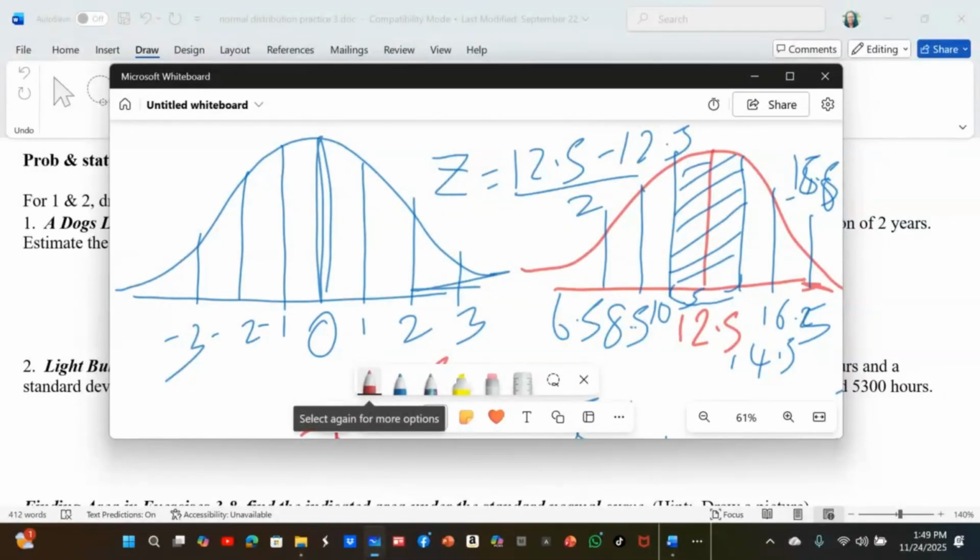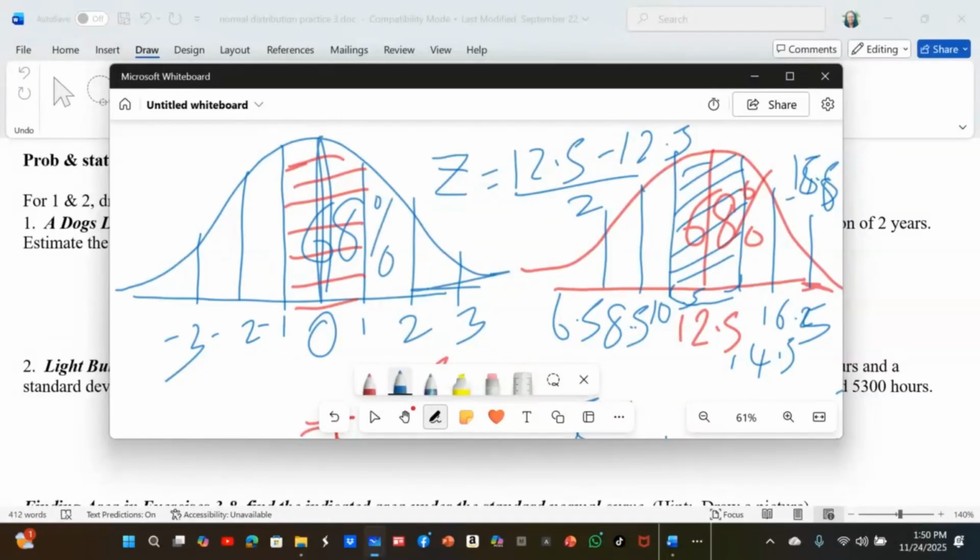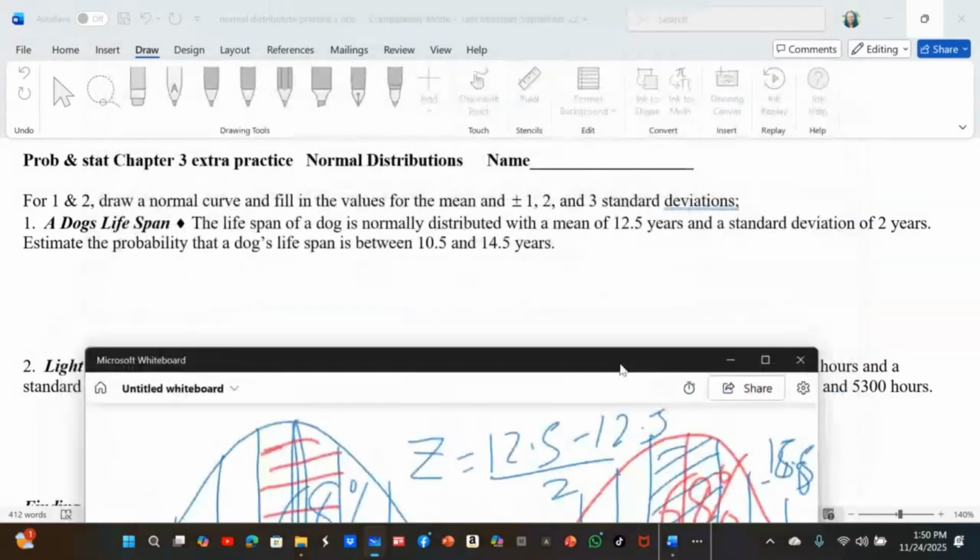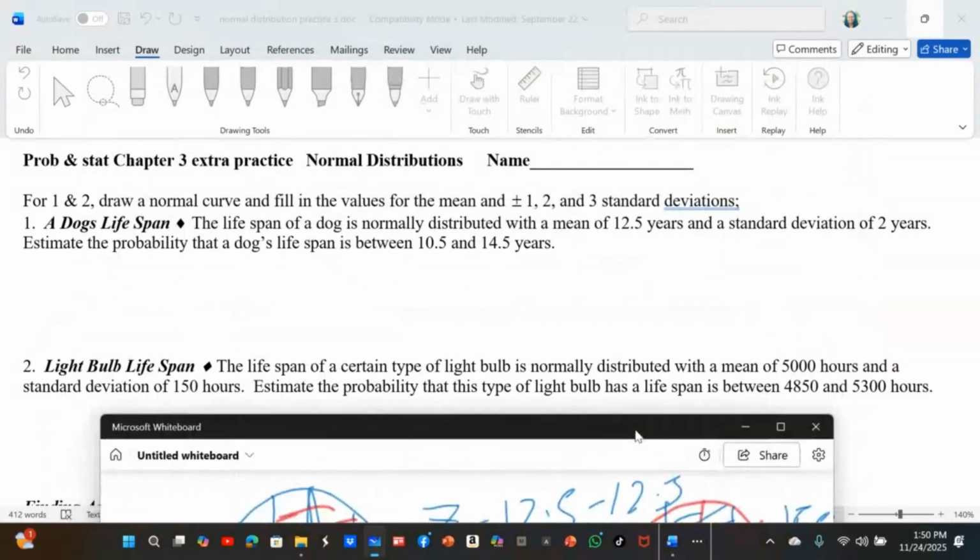So this area I'm told to find is 68%. 68% of the data lie within the shaded region. So we have answered this question. You better know your empirical rule. Make sure you can apply it in the oncoming test.